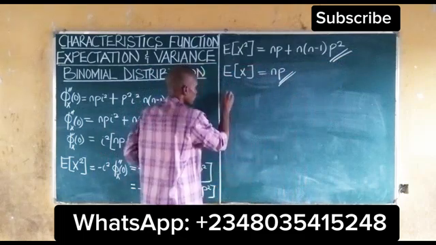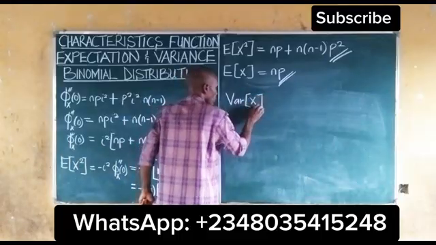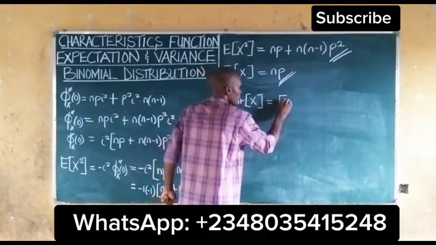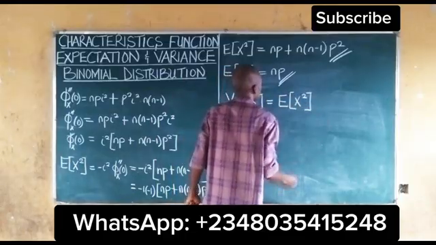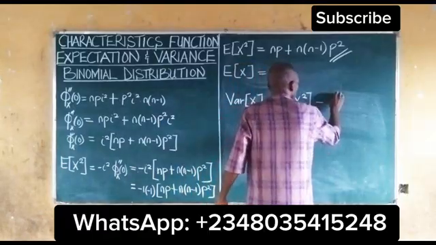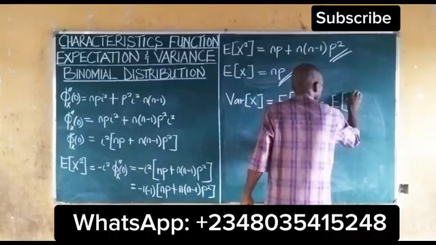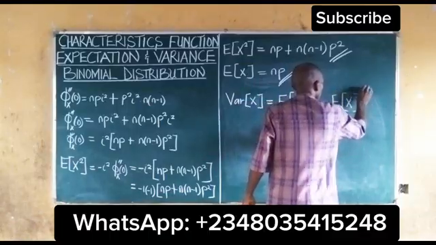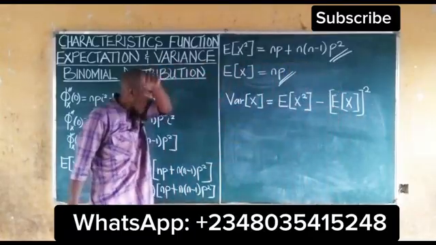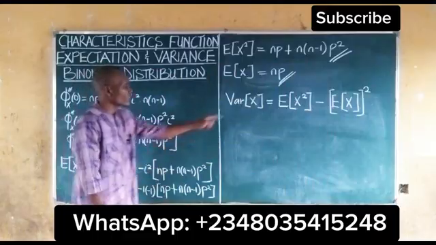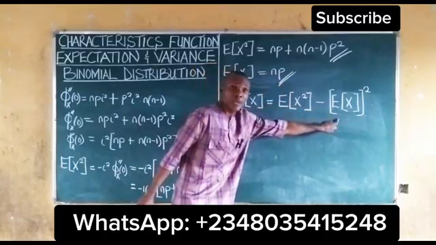This is because the variance of x is equal to the expected value of x squared minus the expected value of x, all squared. So the next thing to do is just to substitute these values here and also substitute this here.